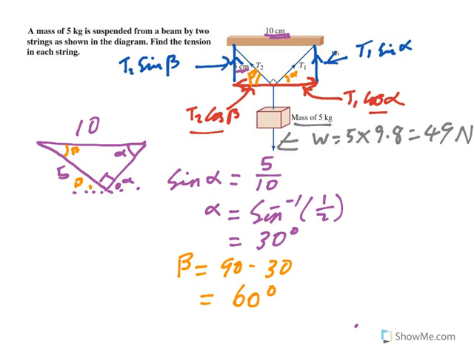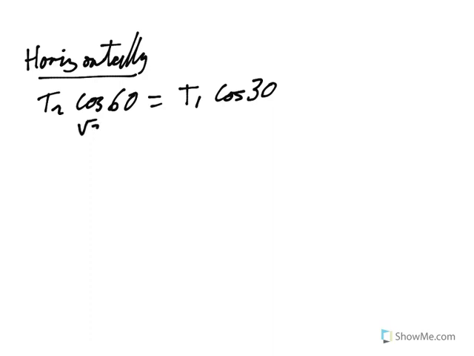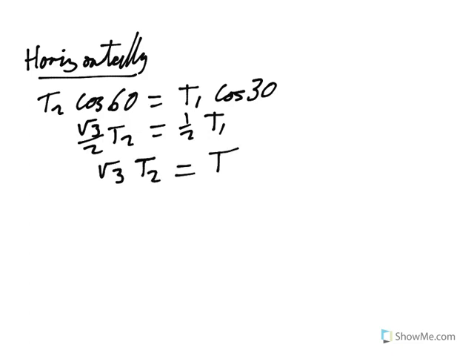Alright, T2 cos 60 equals T1 cos alpha, and alpha was 30, wasn't it? Alright, so root 3 on 2 T2 equals a half T1. So root 3 T2 is equal to T1. Alright, so we'll save that.